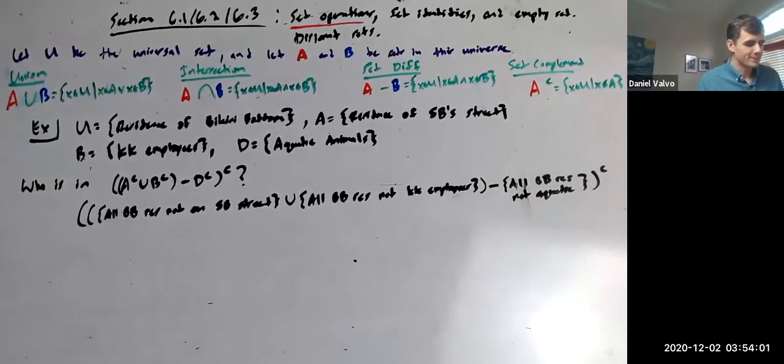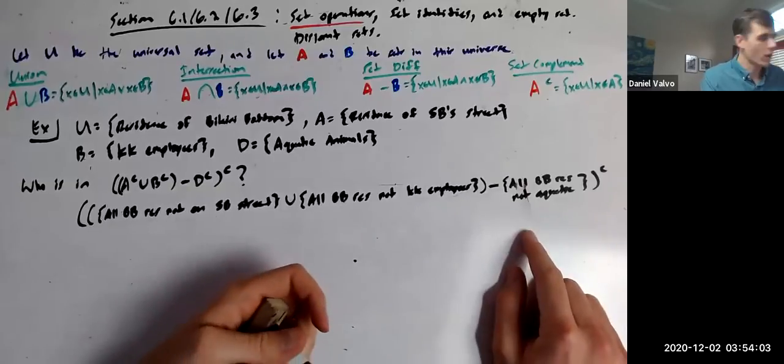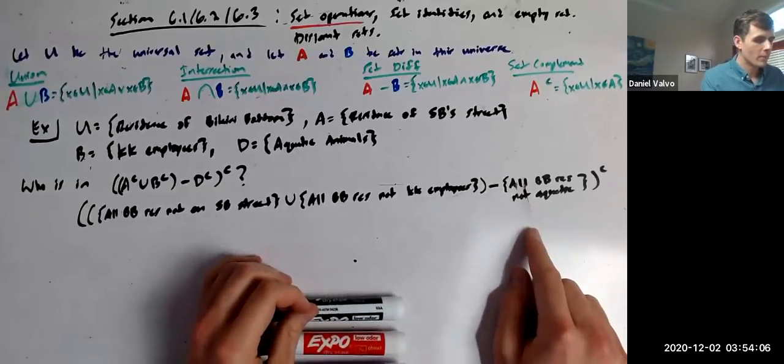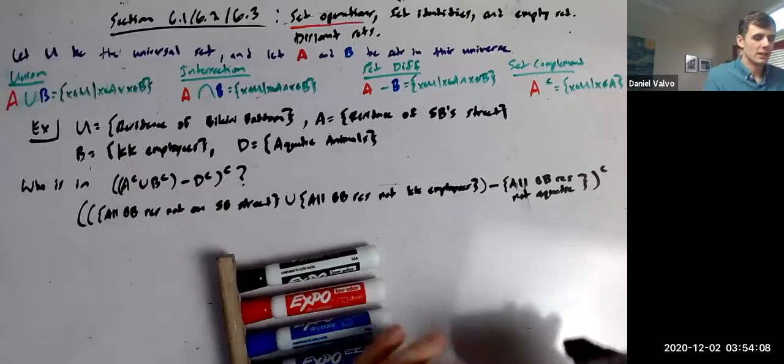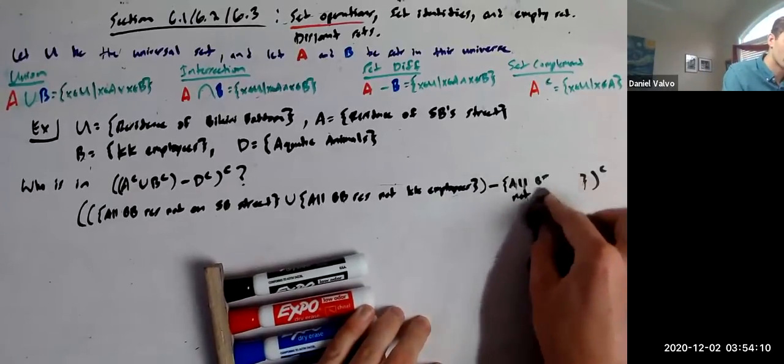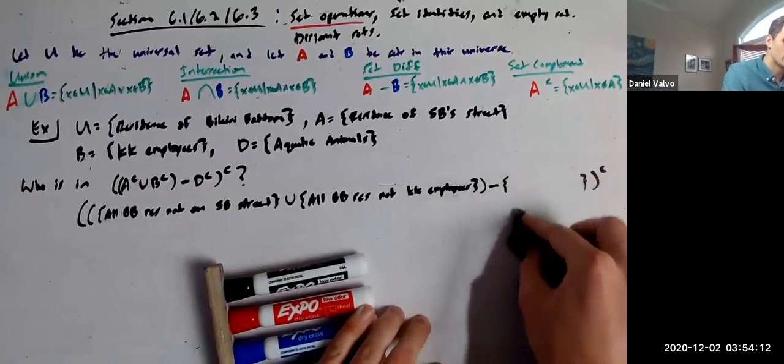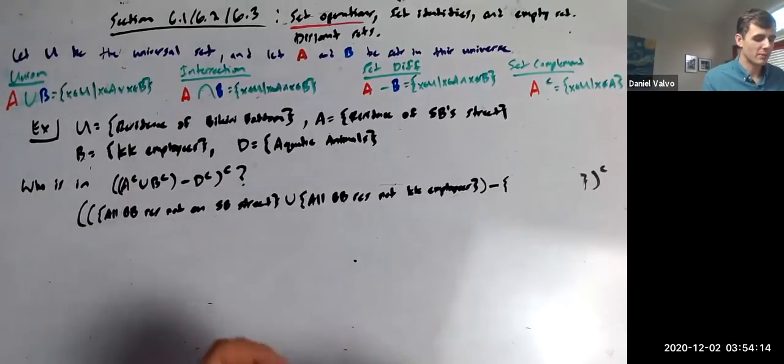So that's what we have right there: all BB residents not aquatic. This is just Sandy Cheeks. Sandy Cheeks the squirrel is the only non-aquatic resident of Bikini Bottom.